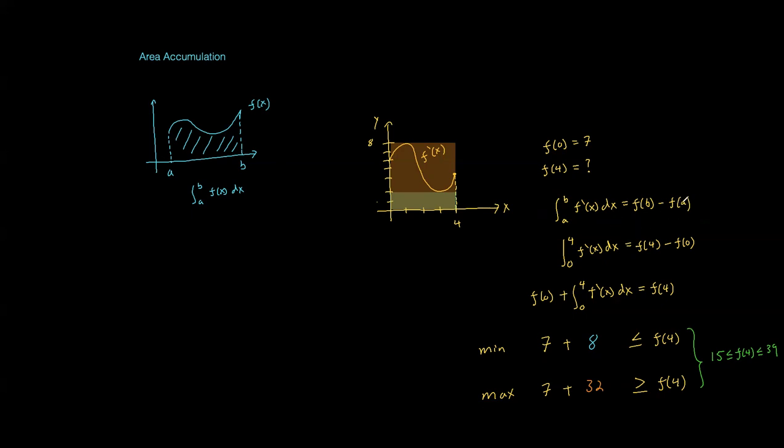Essentially, if I have a starting point, f of a, and I add the integral from a to b of f prime of x dx, which is known as the displacement or the accumulation that occurs, then that will end up with my terminal value, f of b. And that's how this whole process works. So let's stop there.